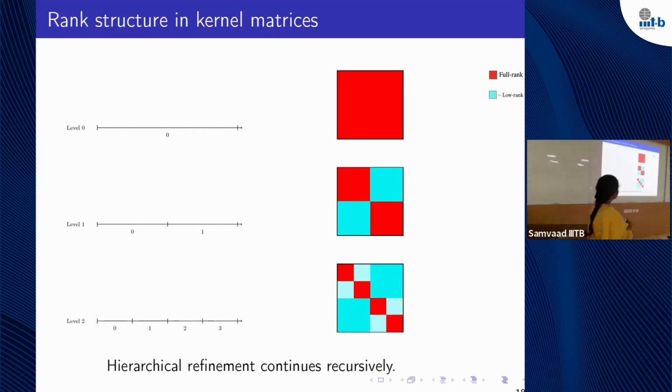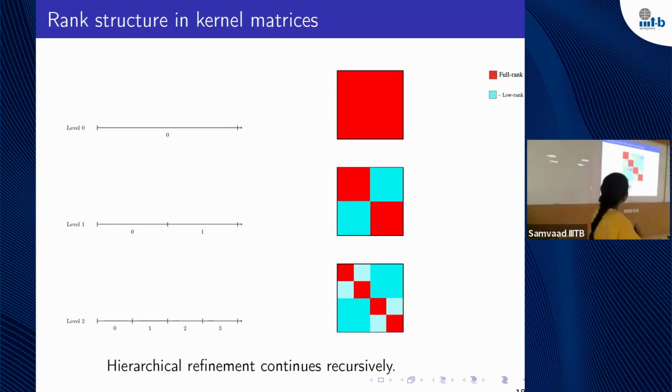And this hierarchical matrix structure holds true for the kernel functions that mostly we'll be using in kernel-based machine learning. For example, the RBF kernel or the Laplace kernel, all of those kernel matrices follow this structure.